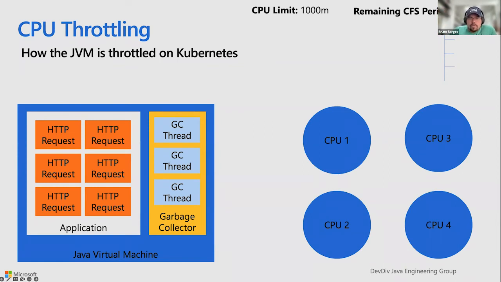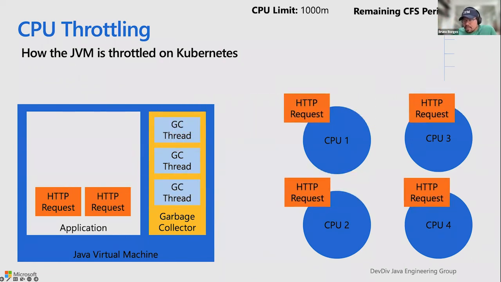So it is a multi-threaded application. I'm giving a 1,000 millicore limit, but this node on Kubernetes is a 4 CPU VM. The node has 4 processors, which means if I get 4 HTTP requests at the same time, I get 4 threads running in parallel.